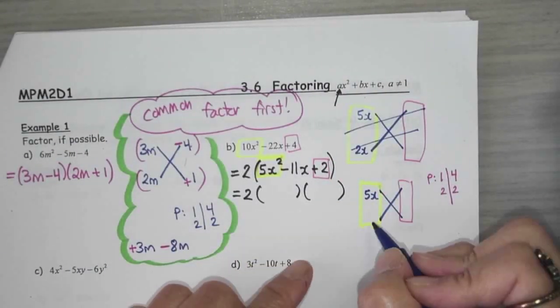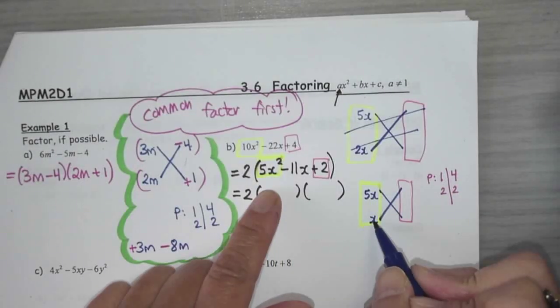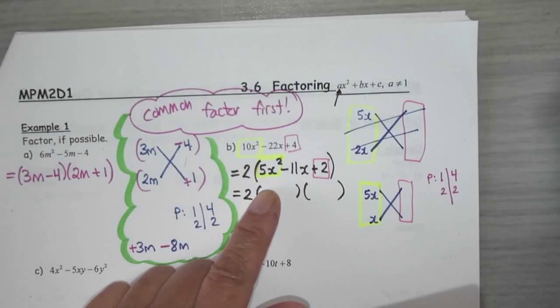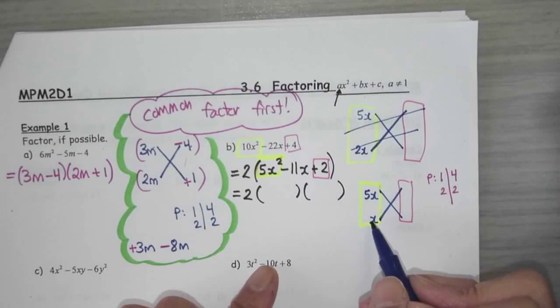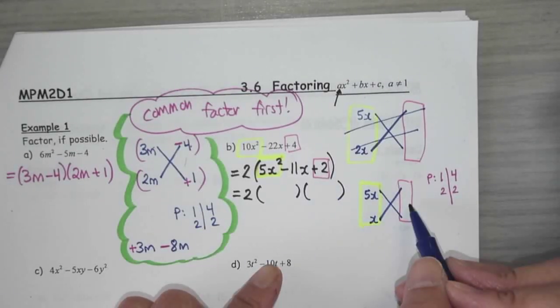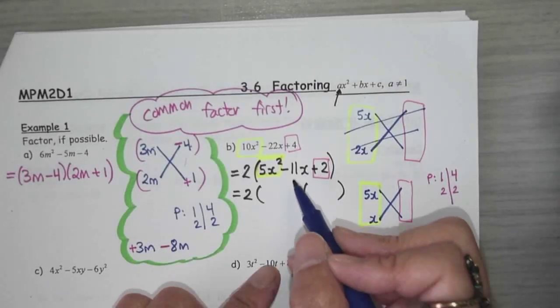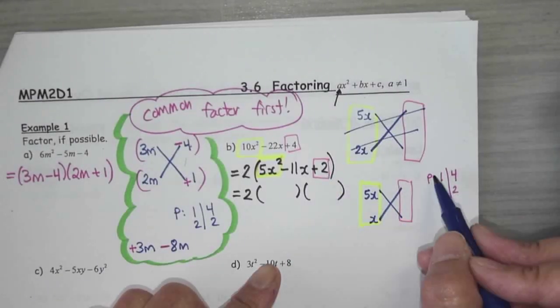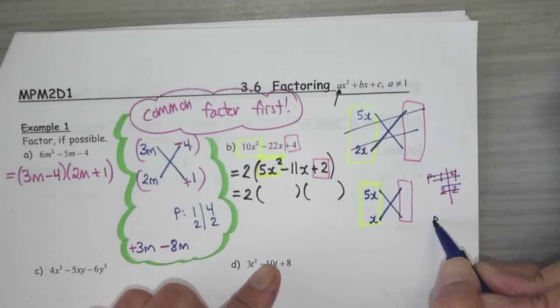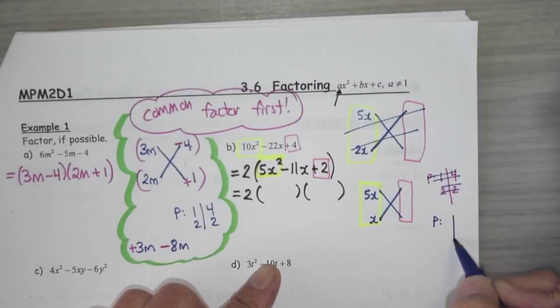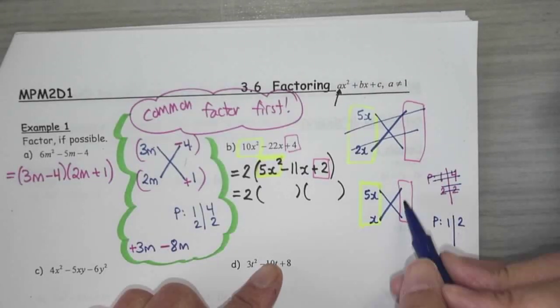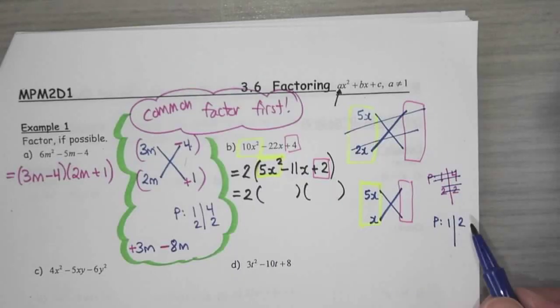So 5x times x gets me 5x squared, right? So that's my first, my second term goes in the second column, and it crisscrosses to the middle. Crisscross to the middle. So my only product would be 1 times 2. 1 and 2. So I just have to figure out where to put the 1 and the 2.